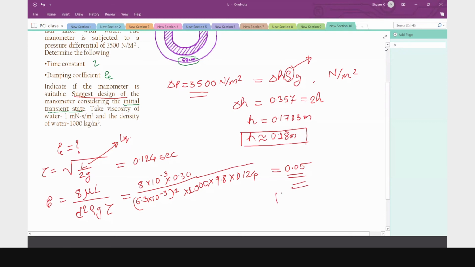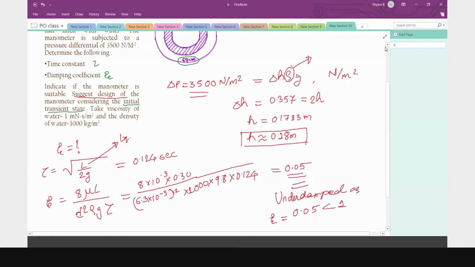So the system is underdamped because it is less than 1.